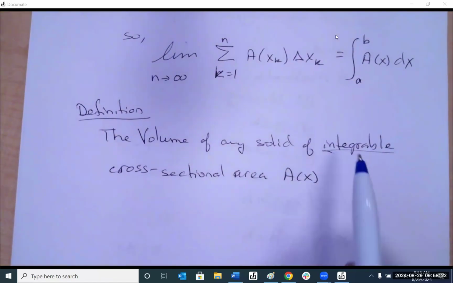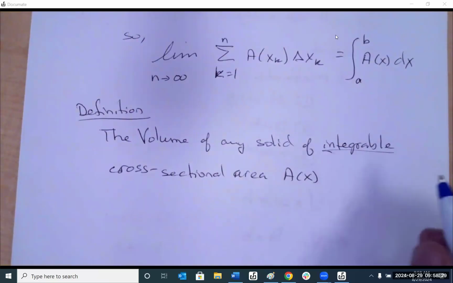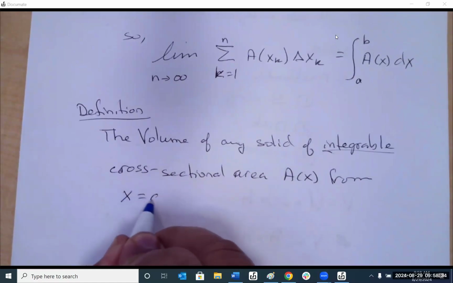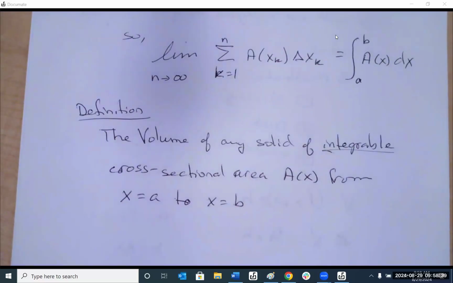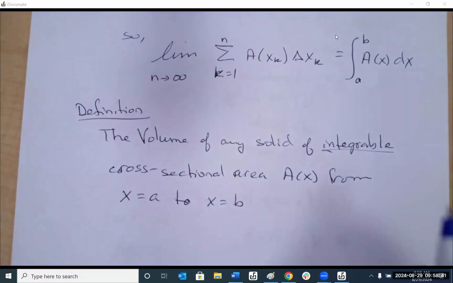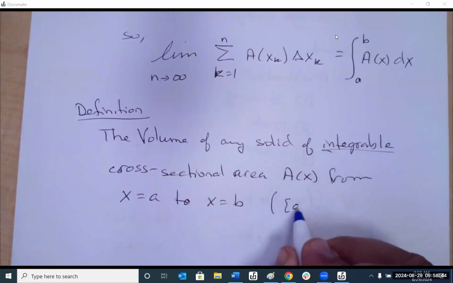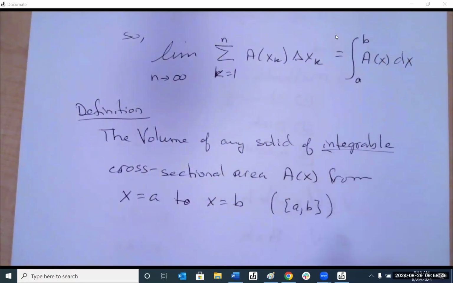So the volume of any solid of integrable cross-section area means it has to exist. It has to be finite. From x equals a to x equals b, which means it has to be on a closed interval. So it has to be continuous, has to be finite, and has to exist.